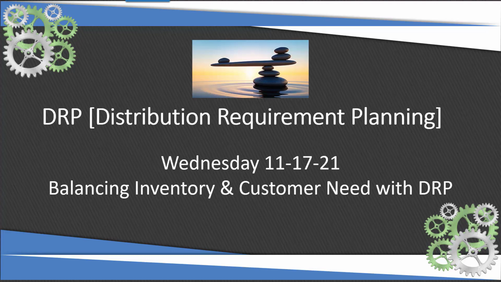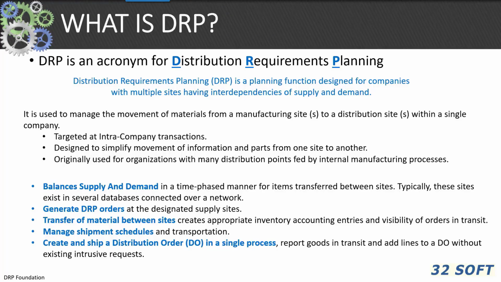But today, I would like to talk about another of the multi-site functions in QAD, like S&OP and EMT, and that is DRP. So what is DRP? DRP is an acronym for Distribution Requirements Planning. Distribution Requirements Planning is an inventory and planning function designed for companies with multiple sites having interdependencies of supply and demand.